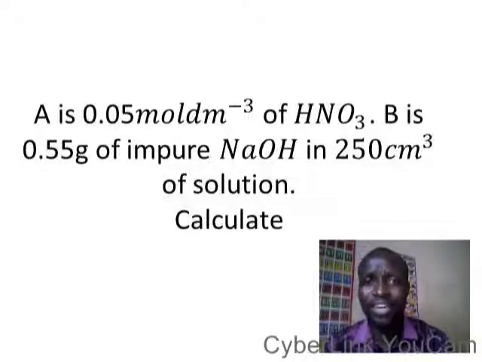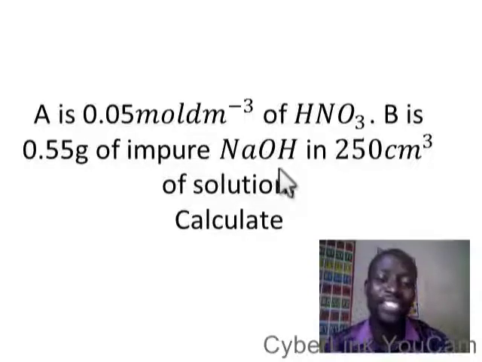Now look at the second question. There are two assignment questions. The first one I have given, this is the second one. A is 0.5 mole per dm³ of HNO3. Mind you, this HNO3 could be HX. It's not compulsory that it is HNO3. It could be HS. B is 0.55 gram of impure NaOH.